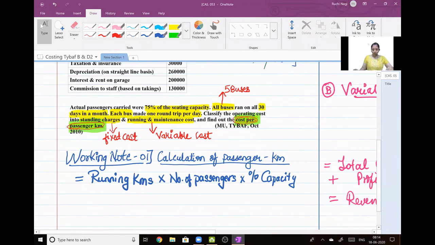Okay, note it down. Calculation of passenger kilometer is running kilometers multiplied with number of passengers into percentage capacity.